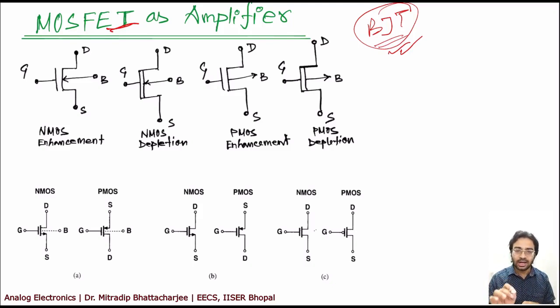But still there are few ICs available which use BJT because BJT can provide few advantages over MOSFET. But as we are using analog circuits along with the digital, ultimately we have to put our circuits using MOSFETs. However, if you are designing something separately, you still can use BJTs.